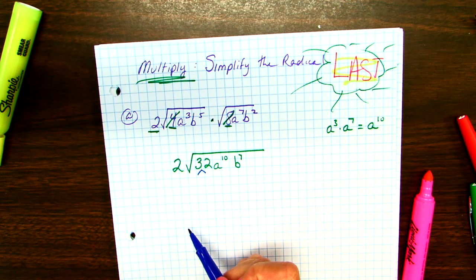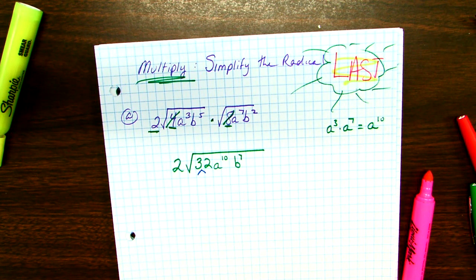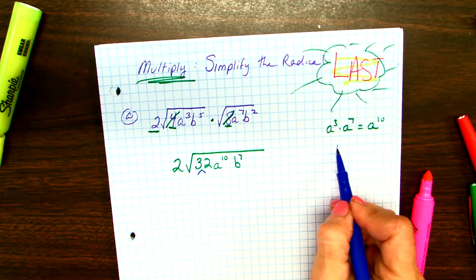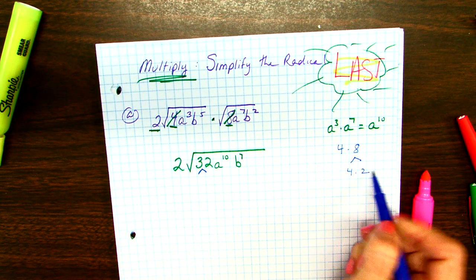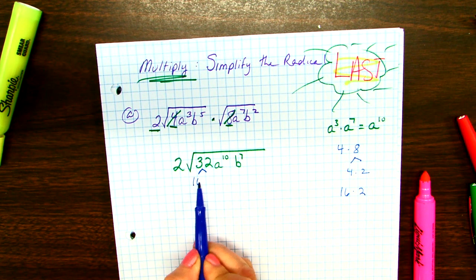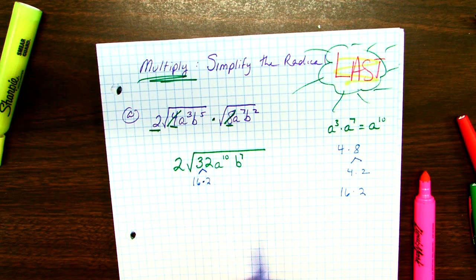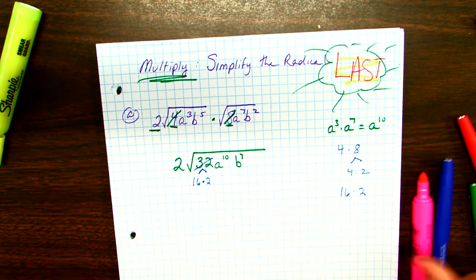It's not the biggest number. Some numbers have multiple numbers in that list. You want the biggest one. No, 4 times 8 is not going to work because, it will, but then you're going to have to do it again. Okay? So 16 times 2. This is a common one. I would kind of just know this one. Okay? So 32 became 16 times 2.